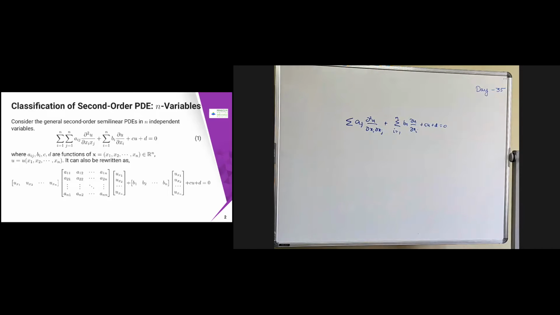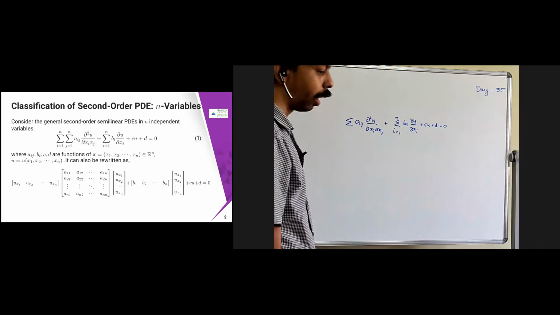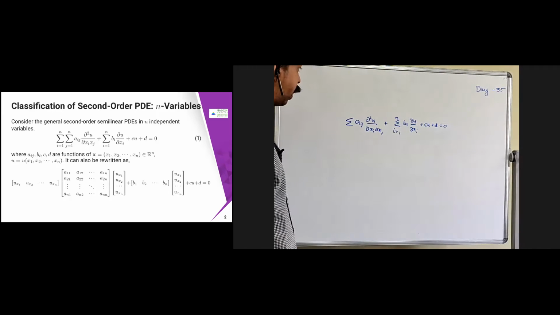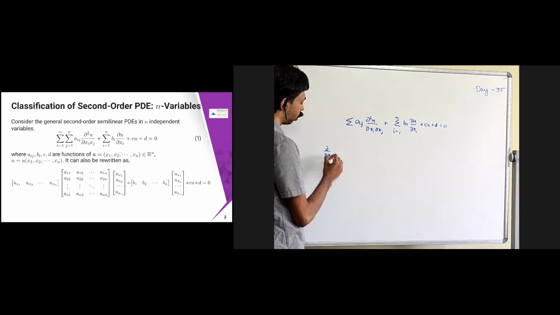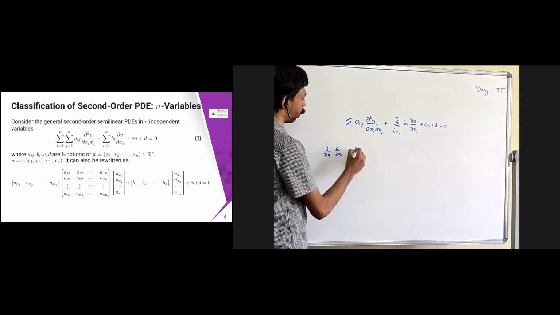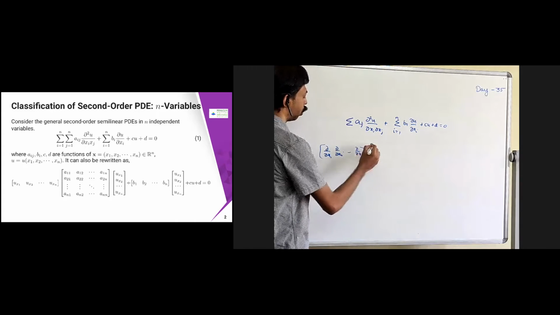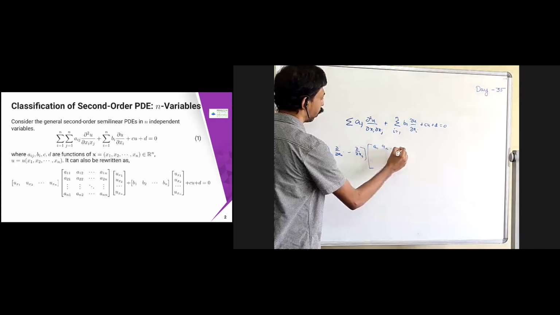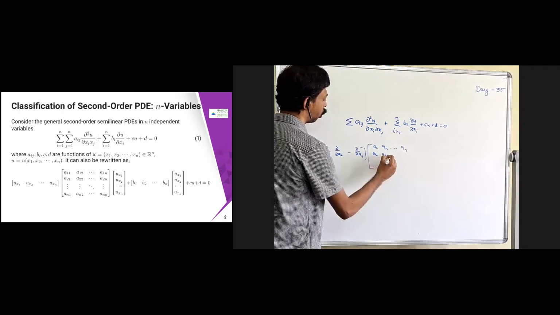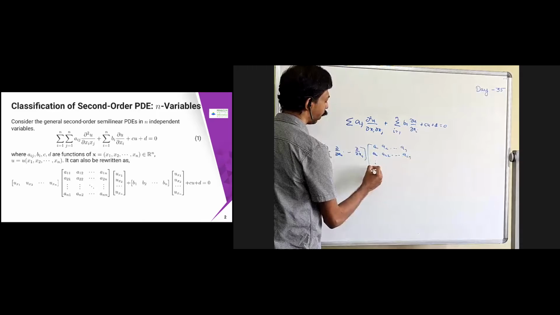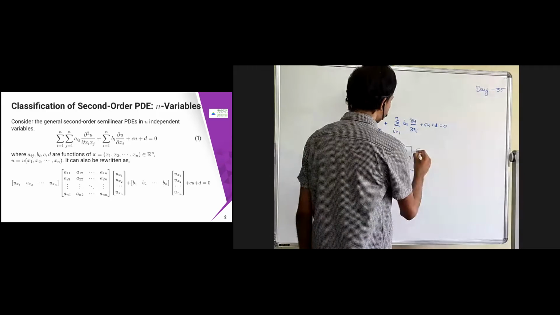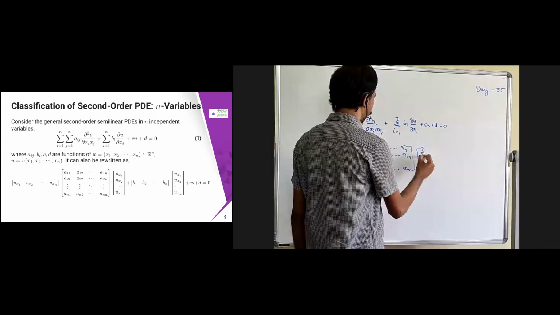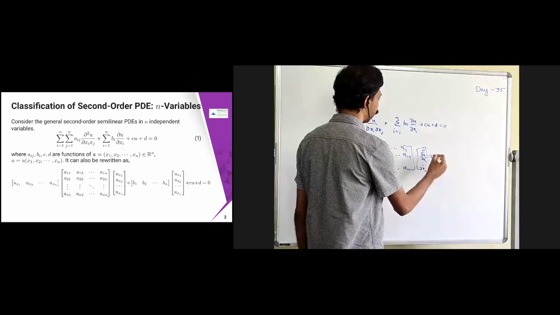Now this is the general second order PDE in n variables, where Aij, bi, c, p are all functions of x1, x2, etc., and u is also a function of x1, x2, etc. I can write this in this way: dou by dou x1, dou by dou x2, etc., dou by dou xn, into the matrix A11, A12, etc., A1n, A21, A22, etc., A2n, etc., An1, An2, etc., Ann, into again dou by dou x1, dou by dou x2, etc., dou by dou xn, applied on u.